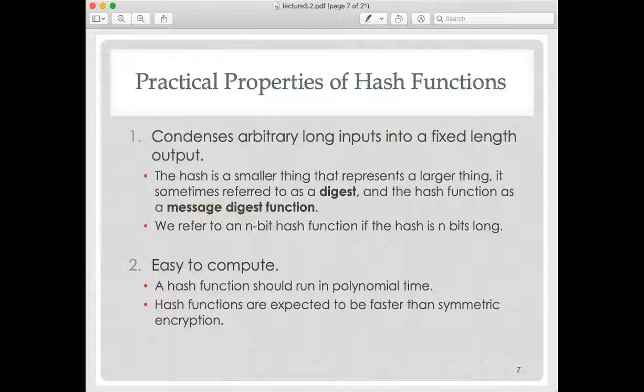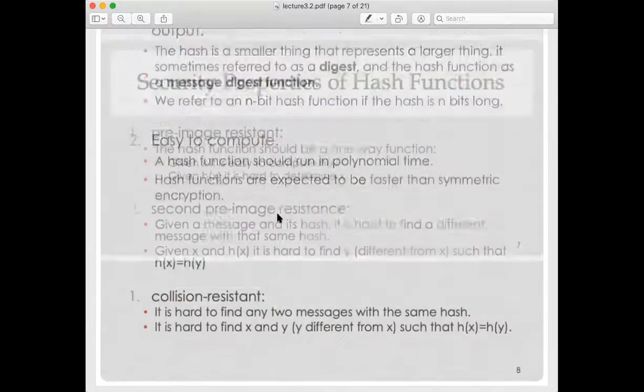It's always a linear growth with the size. بمعنى it is always computable no matter how the size is, لأنه it is not an exponential function in computation. It is simply a polynomial function, and it should be faster than encryption. And most of the time it is, and all the current practical hash functions are faster than encryption.